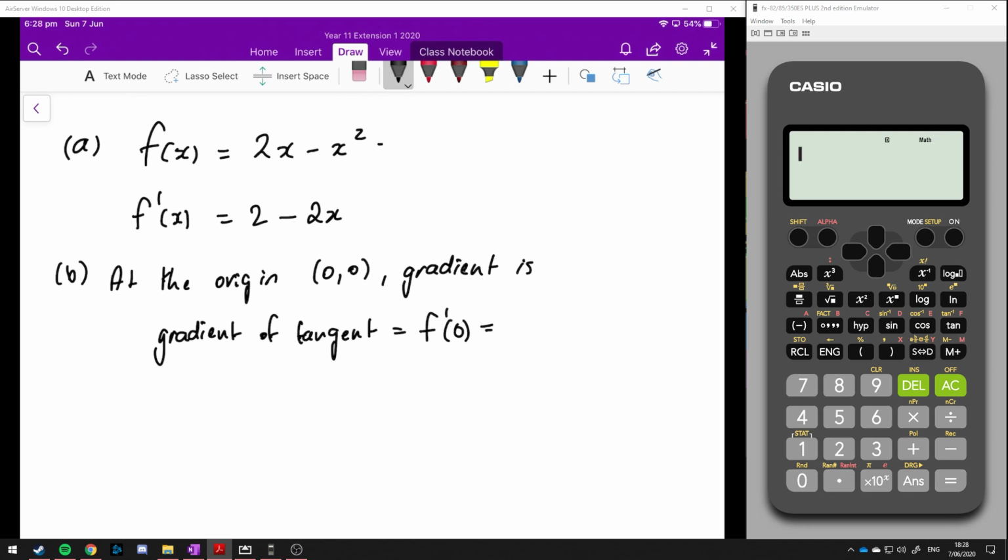If we substitute 0 into our derivative function, it's 2 minus 2 times 0, which is just equal to 2. So our gradient there is 2.